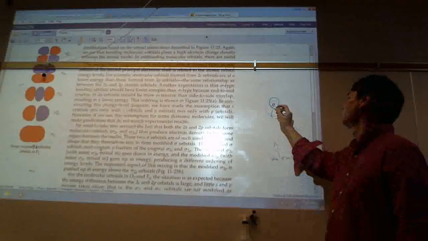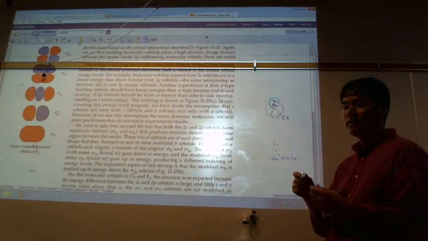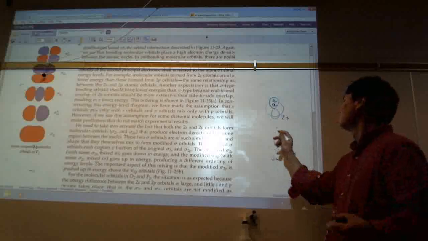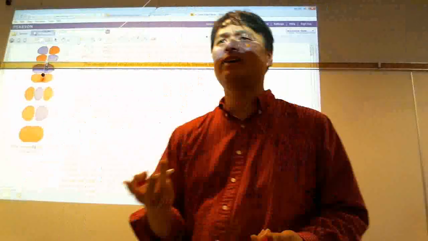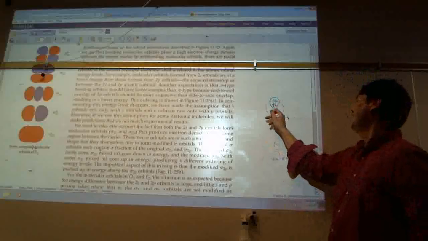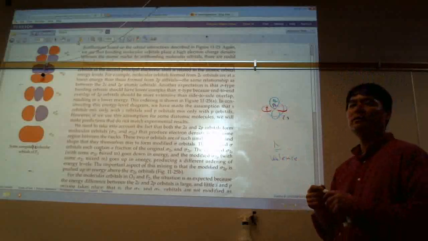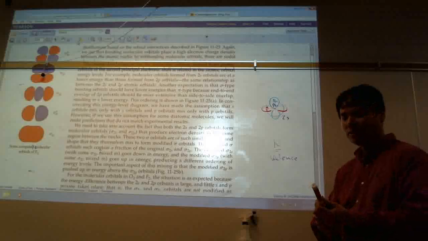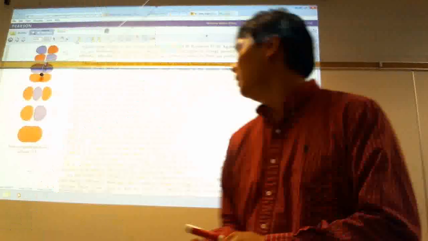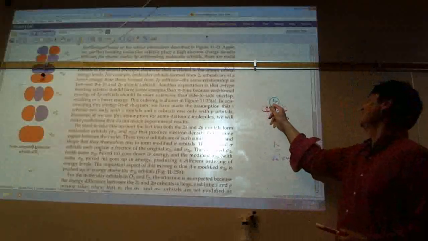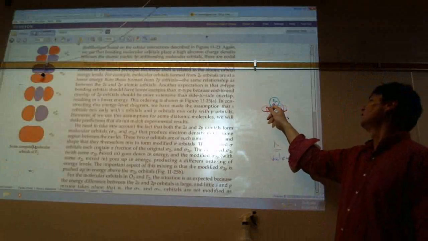One of the 2p's has 2. Altogether, how many 2p orbitals do we have? 3 of them, right? There's 1, here's 2. That only has 1 electron, because nitrogen has 5 valence electrons. And where's the one in and out of the board? So 1 orbital lobe sticks in, 1 orbital lobe sticks out, and that has 1 electron.